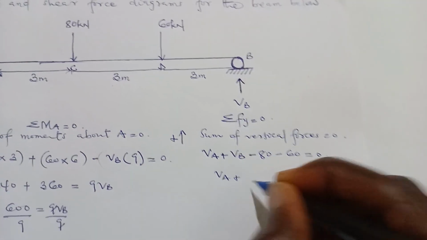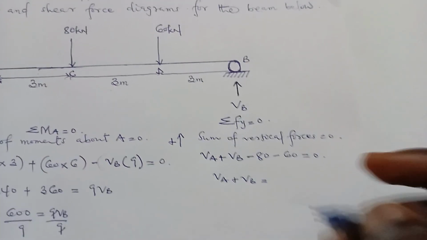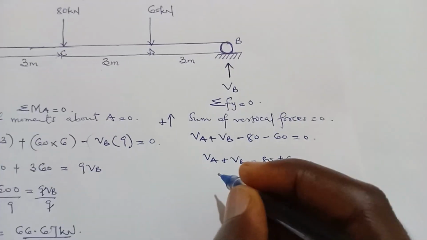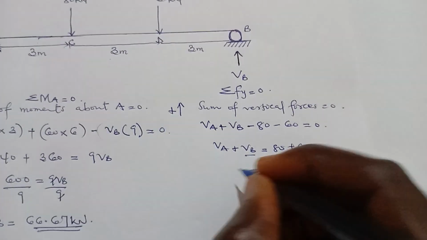VA plus VB, when we move these two to the other side of the equation, should give us 80 plus 60. We already know VB, that's 66.67. So let's substitute.